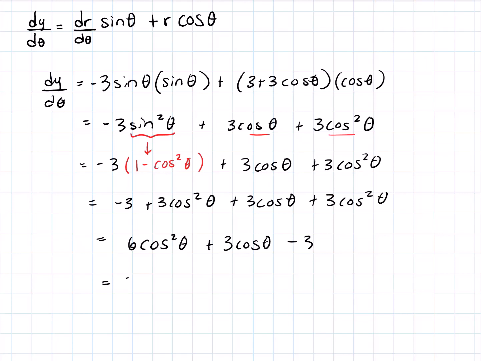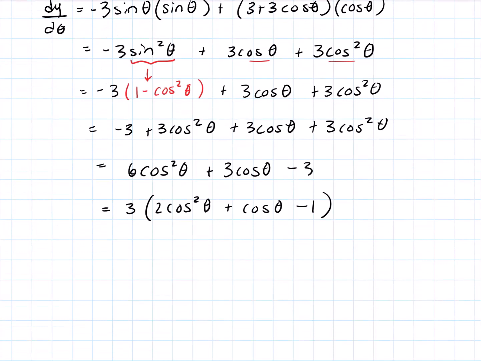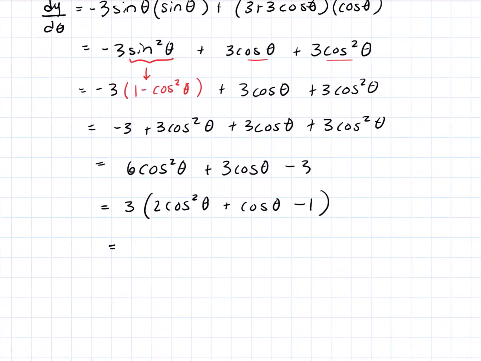And if I pull out a 3, I have a 2 cosine squared of theta plus cosine of theta minus 1. That worked out super nice because that is going to factor. Let's see, what do we end up with? Plus and a minus here. So 2 cosine of theta plus 1 and cosine of theta minus 1 are the two factors of that quadratic.